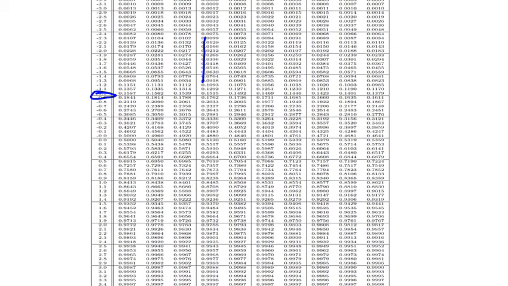So corresponding to minus 1 we have 0.1587, and corresponding to minus 2, here is minus 2, it is 0.0228. In this way we read the values corresponding to the z table.